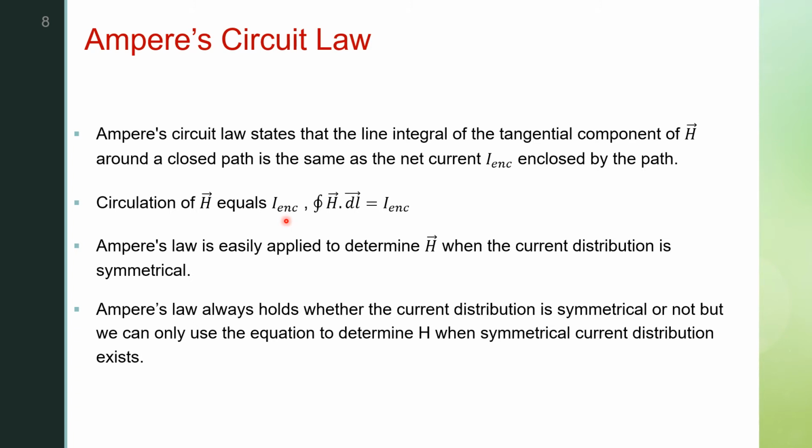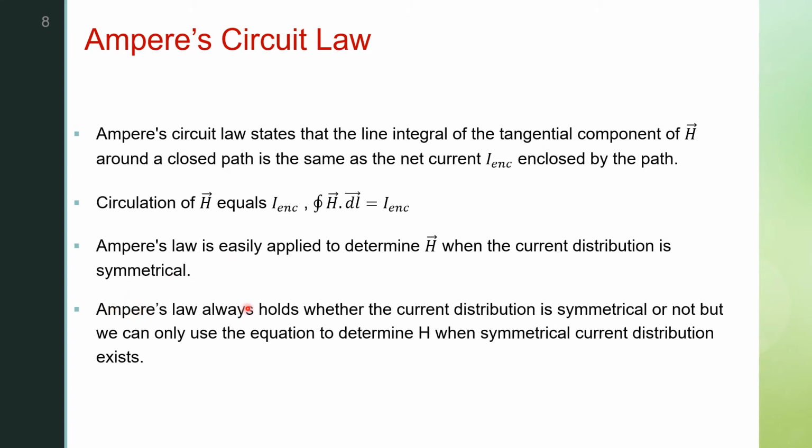In integral form, we can write it as the closed integral of H dot dl is equal to I enclosed, that is current enclosed. Ampere's law is easily applied in order to determine the magnetic field intensity when the current distribution is symmetrical. This is the mathematical expression for Ampere's law. So using this expression, you can easily determine the magnetic field intensity H.